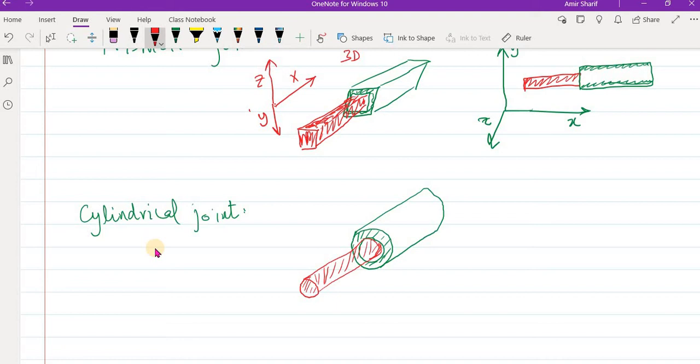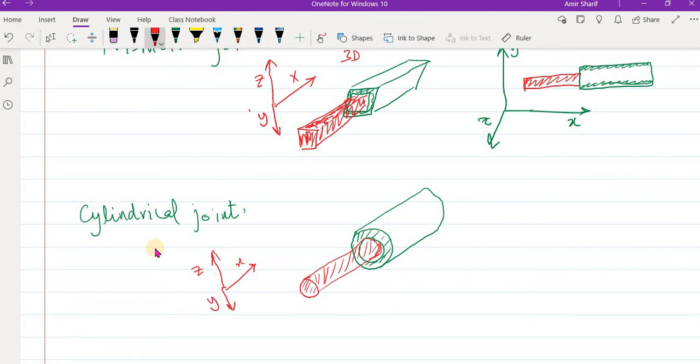Let's say this is the x-axis, this is your z-axis here, and this is the y-axis.